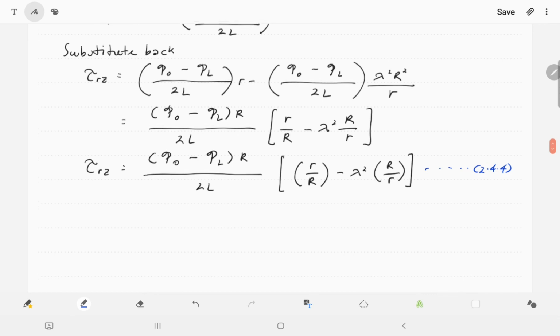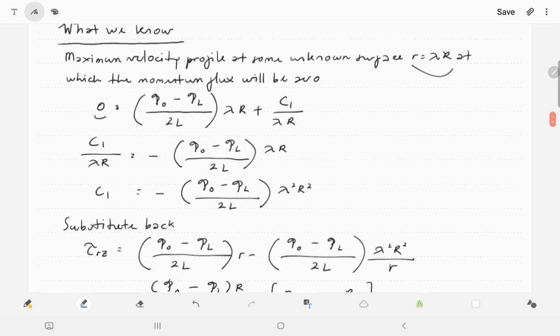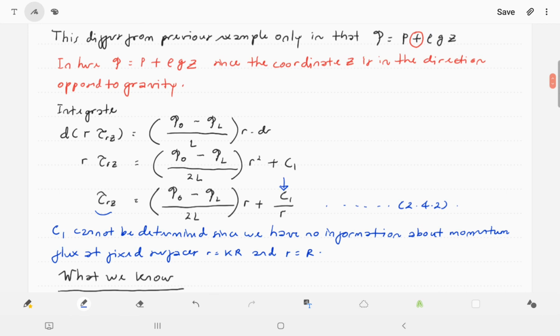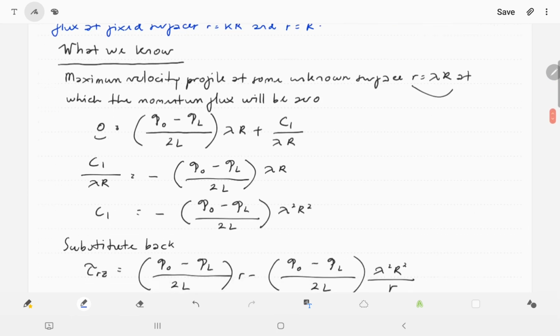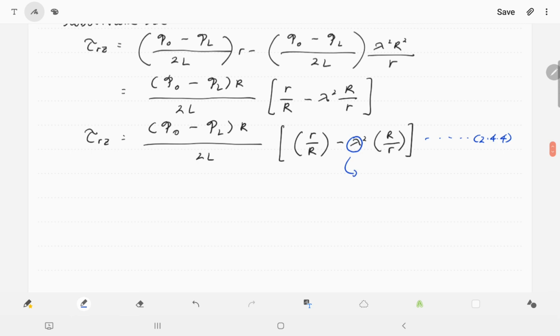The only difference between equation 2.4.4 and the previous equation 2.4.2 is that the constant C1 does not exist in equation 2.4.4 because it has been replaced by this lambda, which is a different constant.